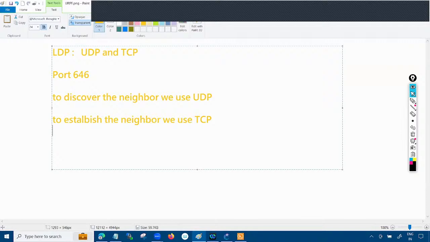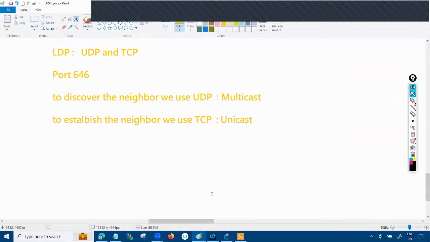Simple logic, because when we establish the neighbor, I need reliability. And when reliability comes into the picture, I need the TCP protocol. So this happens over unicast. The discovery happens over multicast, because when I'm going to discover the neighbor, I have no idea who my neighbor is. So I send the discovery packet on the multicast address, like OSPF and EIGRP.